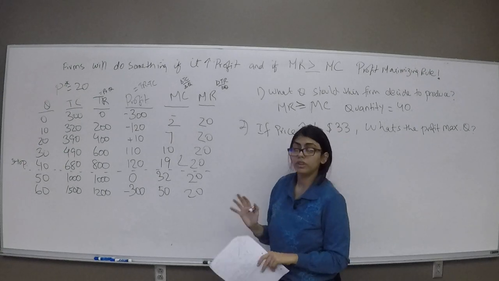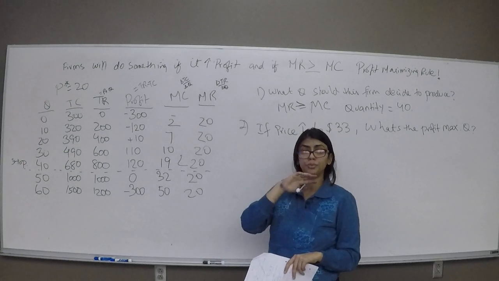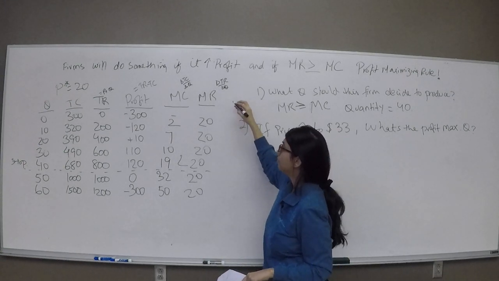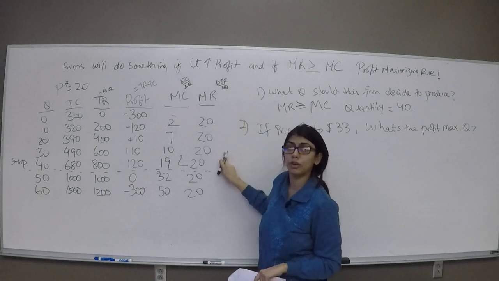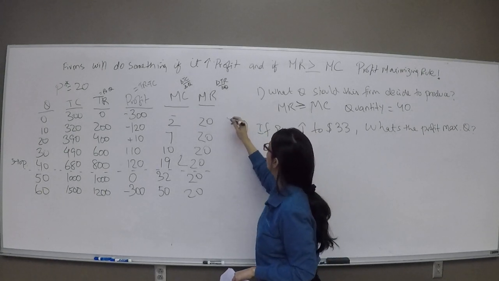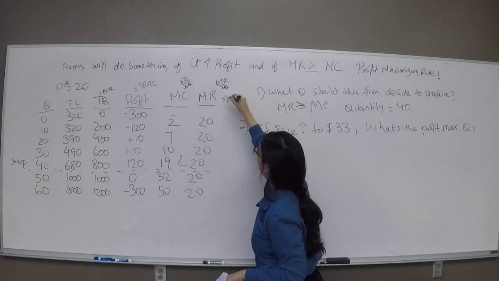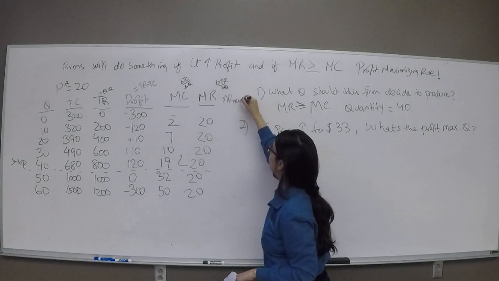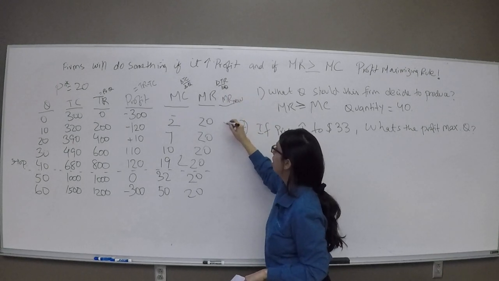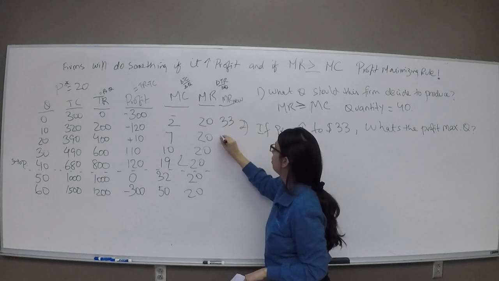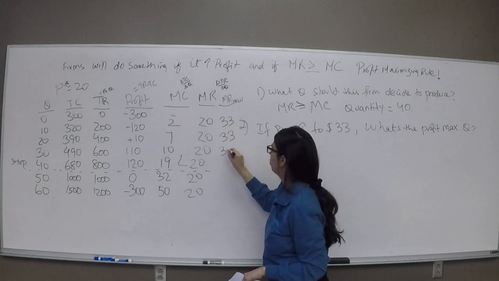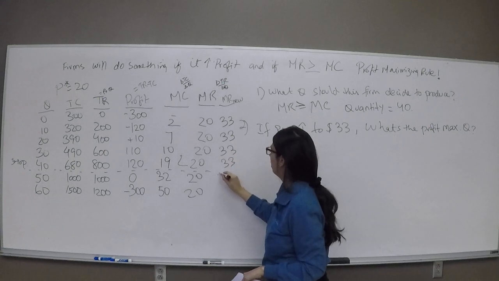The only thing you have to do is basically change the marginal revenue column. So the new price, we'll call this marginal revenue new, is 33, 33, 33, 33, 33, 33.